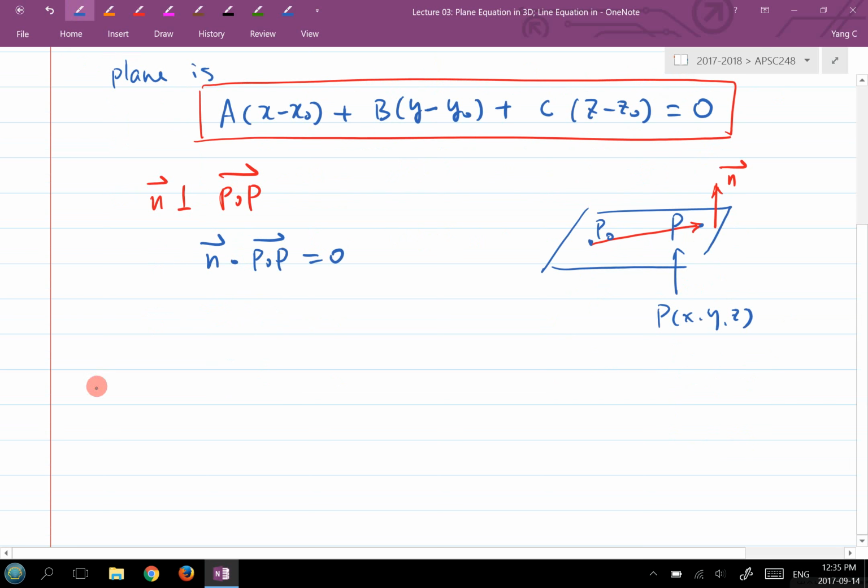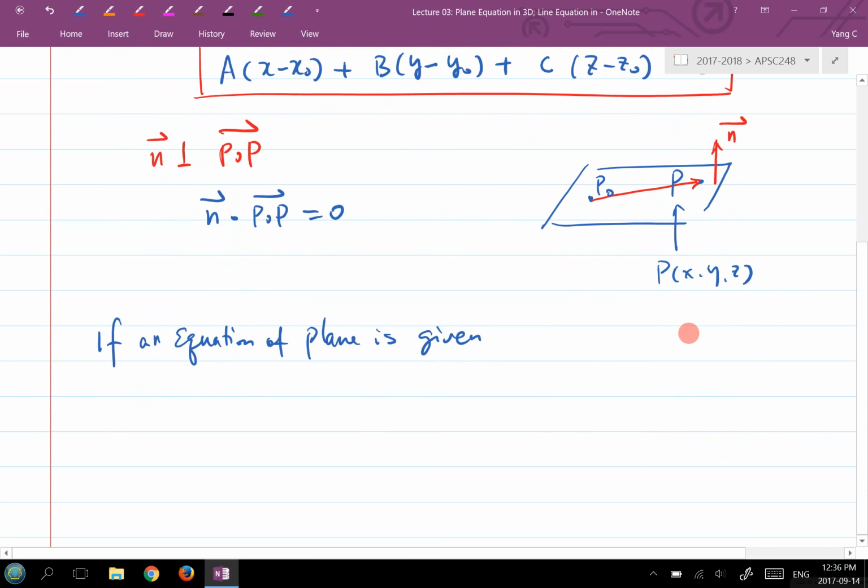If an equation of a plane is given, always bear in mind the first step: you can immediately write down two pieces of information. What are they?